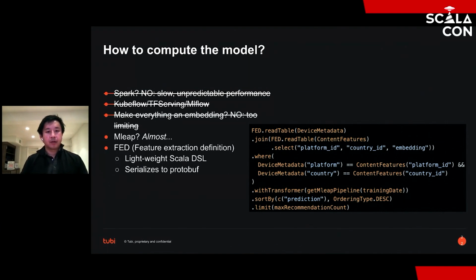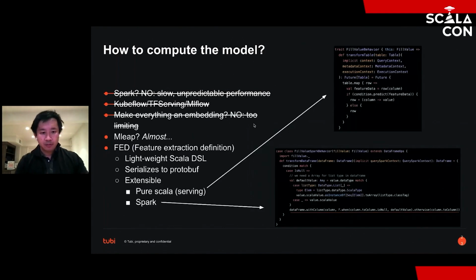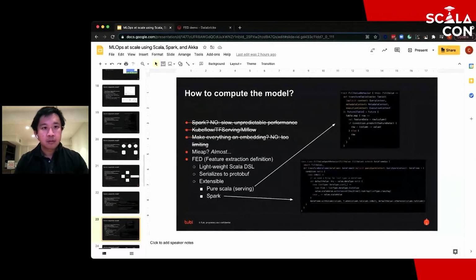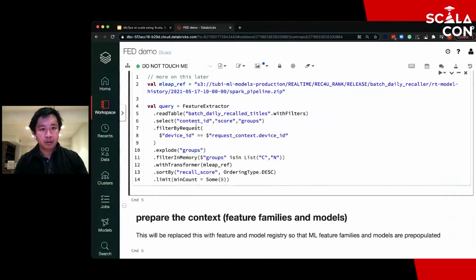It knows how to select data from the right context, and it knows how to run the different operations, both in Spark and also in our production system. So let's see a really quick demo here.